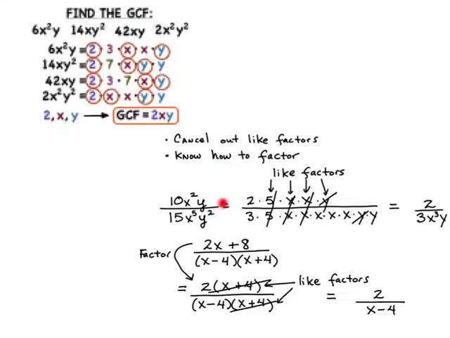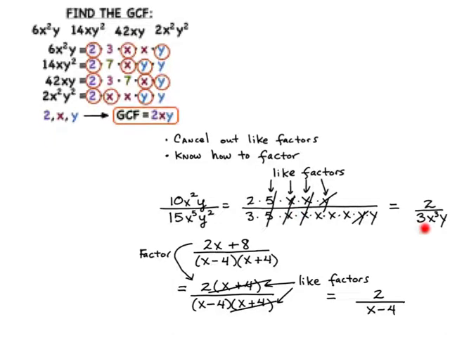Now let's look down here at this one. They've factored 10x squared y into 2 times 5 xxy, and 15x to the 5th y squared. So 15 is 3 times 5 x, x, x, x, x, y, y. Then if you cross out the ones that are in common and see what you have left, on top the only thing we have left is a 2.